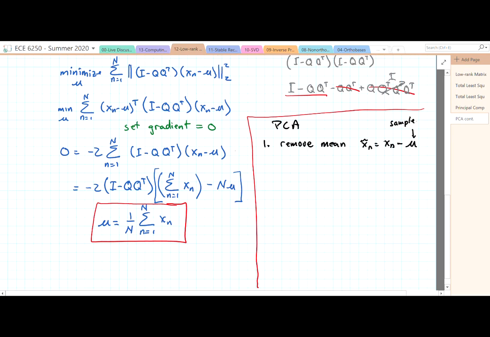Now, if you have something that you know comes from a zero mean process, you can, of course, just skip that step.